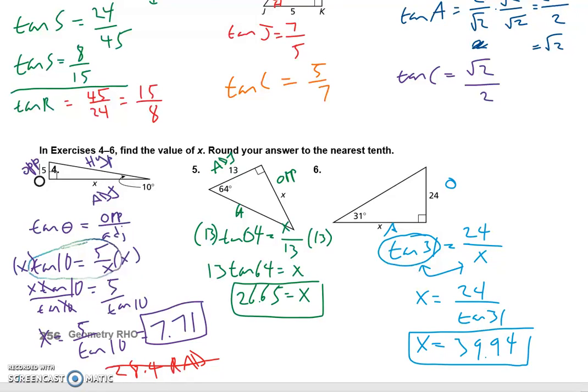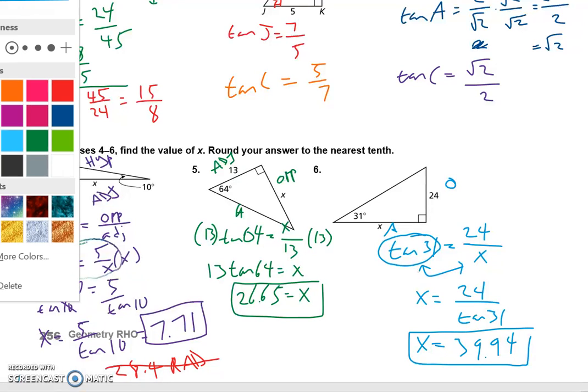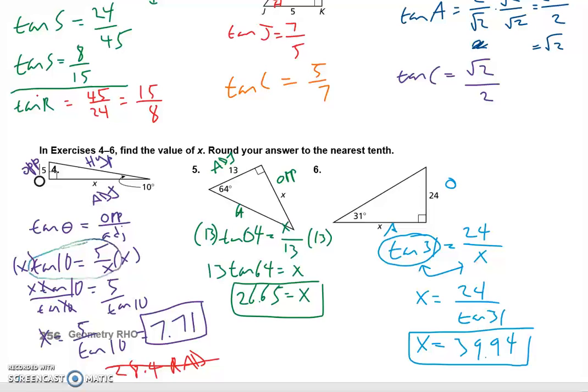Okay, so this is the tangent ratio. I still have time. One thing I want you to do to check these, and it's another step you're going to be using later, is another formula that's inverse tangent. This is the answer I got. If I want to check it, here's what you do: tangent inverse of opposite over adjacent.